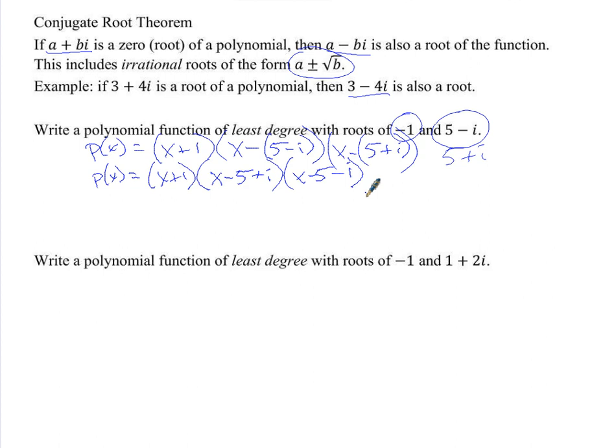Now it's going to be tempting for you, because you have to FOIL both of these out, to do something other than these two right here first. Why would I want to do these two right here? Because they're conjugates. It doesn't look like they are, but they are. So when I FOIL these two out, I should wind up with no more imaginary numbers.